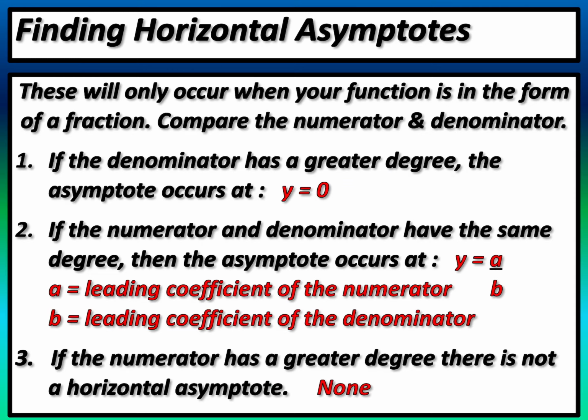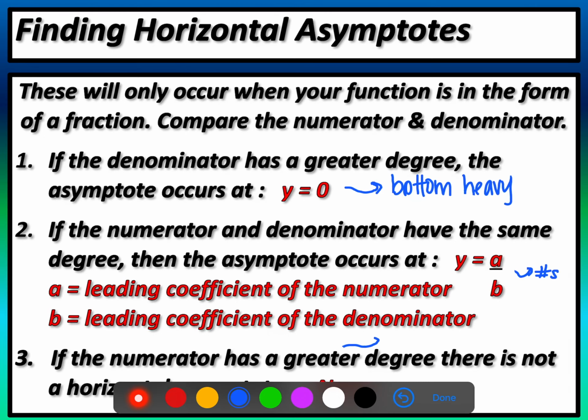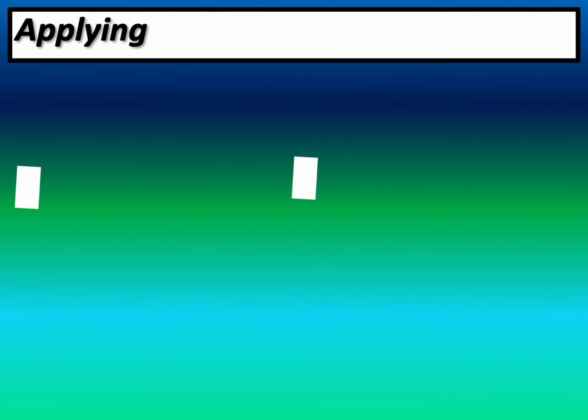There is none. There are no horizontal asymptotes. I call this one top heavy. We're going to memorize those 3 scenarios so that we can find our horizontal asymptotes.